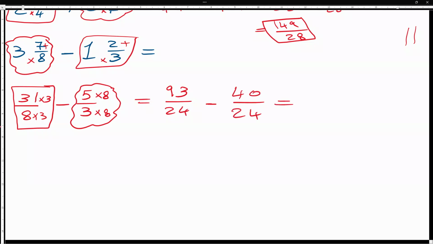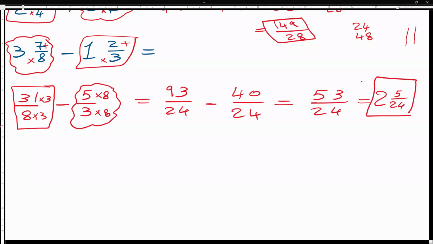When you do that, this is equal to 53 out of 24. You can leave it like this, or you can say, well, 24 times table, so you have 24, 48. Oh, okay, so you have 2 and 5 out of 24 remaining. Done. If you stopped here, it's still acceptable, as long as they didn't ask you to do it in mixed number.